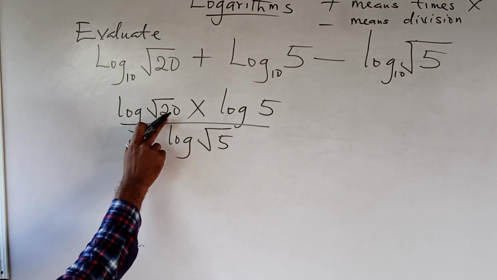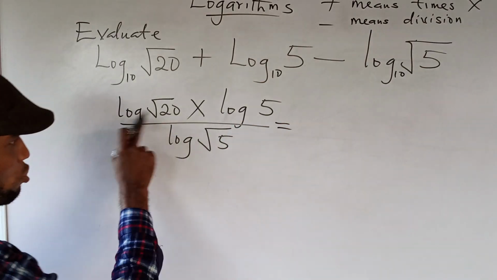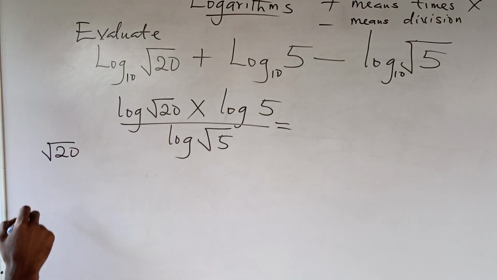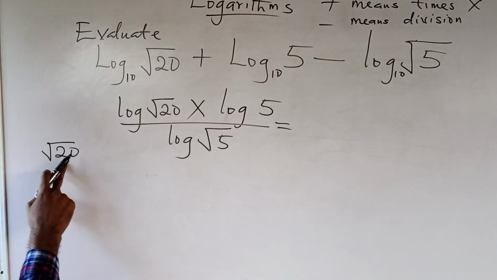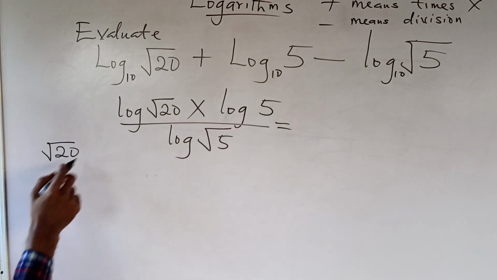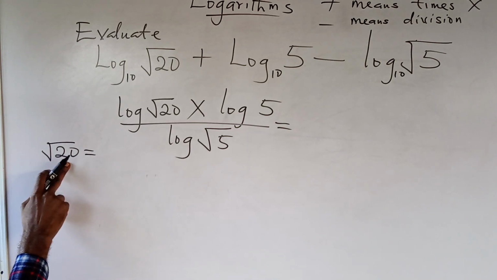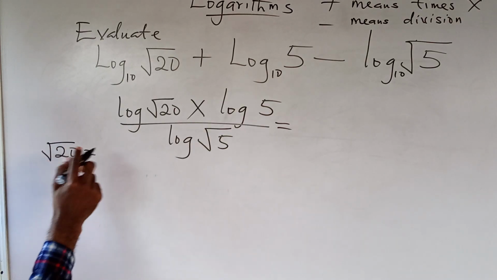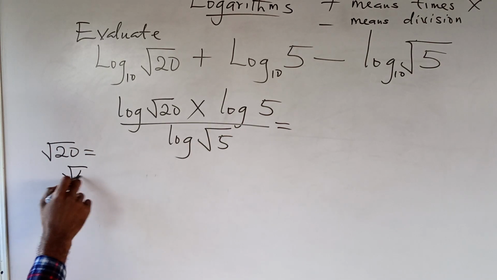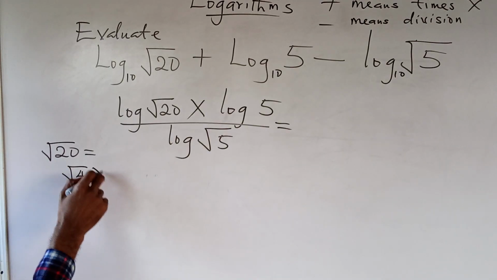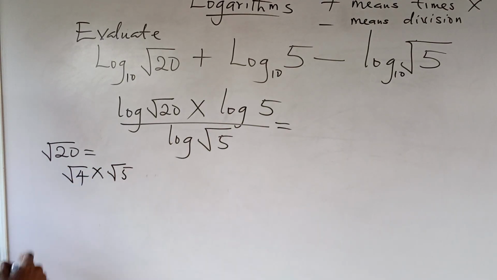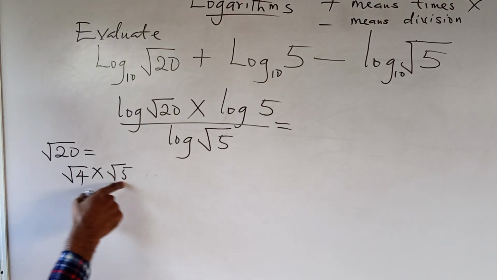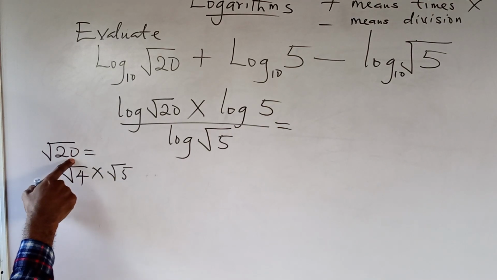Now this root 20 here, if you press calculator, square root of 20 is going to give an irrational number. So if I want to find the square root of this 20, I'm going to say, what perfect square can go into 20? That is 4. So I'm going to write this 20 as root 4 times root 5. Remember that 4 times 5 is 20. So root 4 times root 5 is the same thing as root 20.